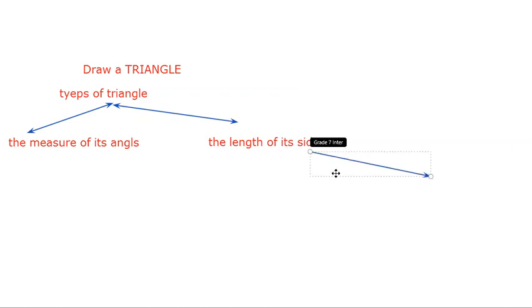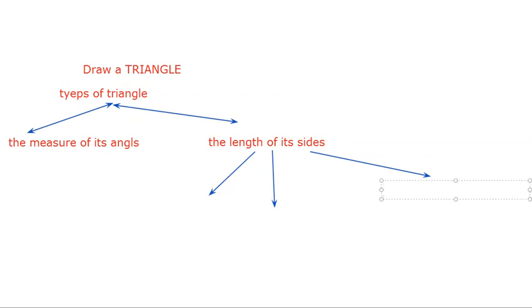How many types of triangle do we have under this branch, grade 7? If you want to classify the triangle under the condition of the length of each side, how many types do we have? 3 types, yes. So who will tell me the first one?